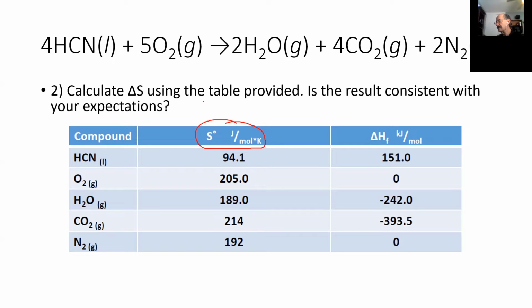And remember that essentially the delta S for the reaction is going to be the summation of all the entropies of products minus the summation of the entropies of the reactants.